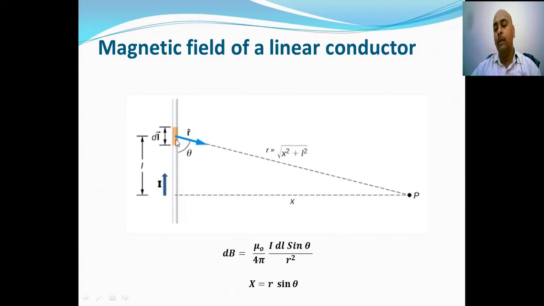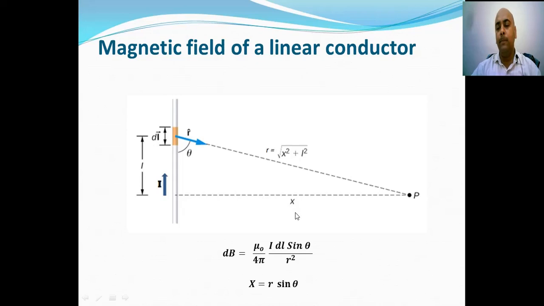Again, let us suppose r is the radial distance between the small current element dl and point P, and let us suppose the radial line r makes angle theta with the axis of the conductor. So as it becomes a right triangle, we can conclude that the radial distance r at any time is equal to root of x square plus small l square.